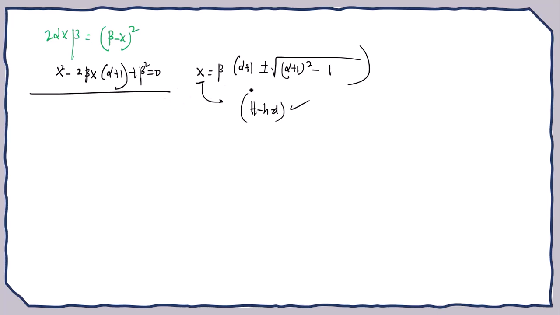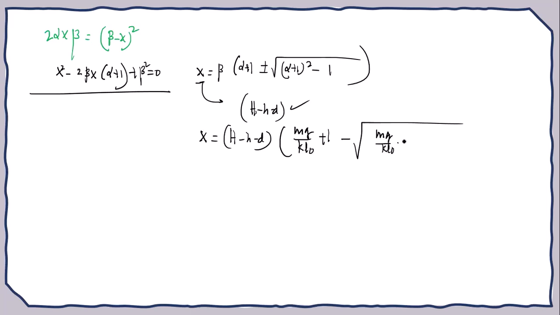Using this assumption, the value of x is H minus d into mg by K L0 plus 1, minus root of mg by K L0 plus 1 whole square minus 1. That is the value of x. Once I put all the numbers, we can get the numerical answer.